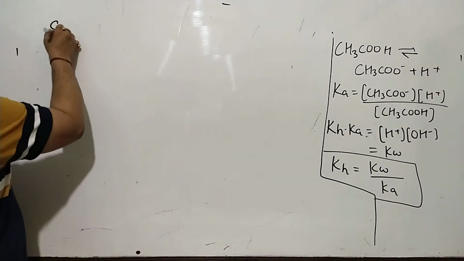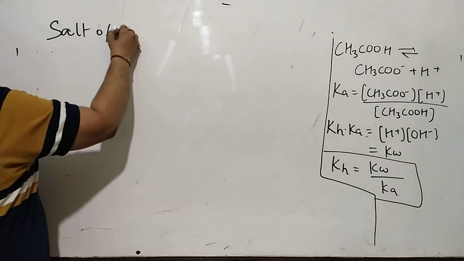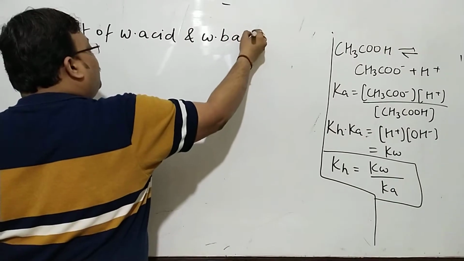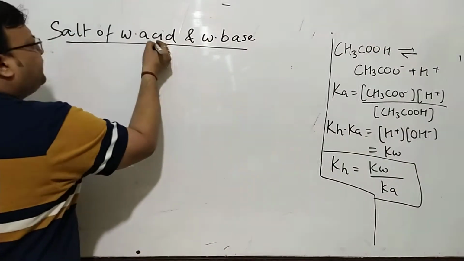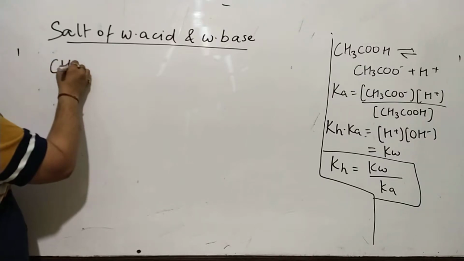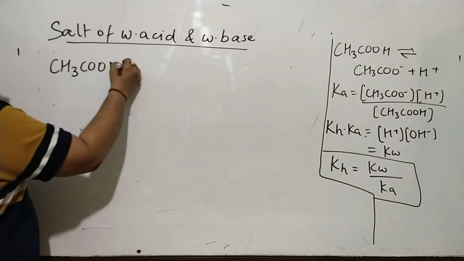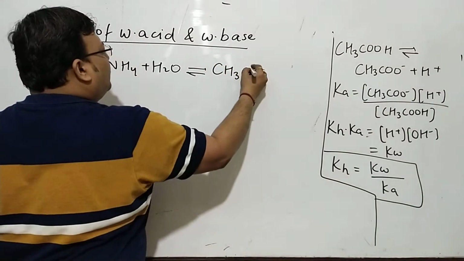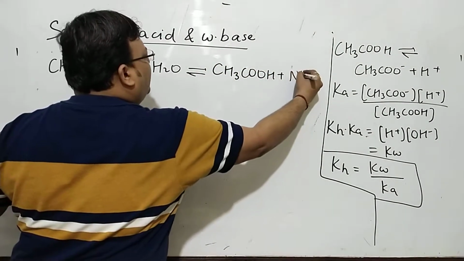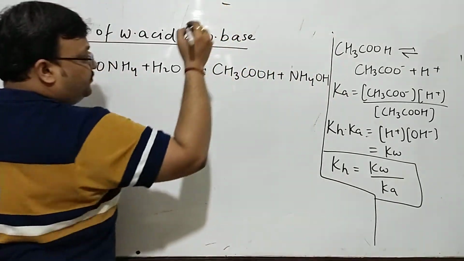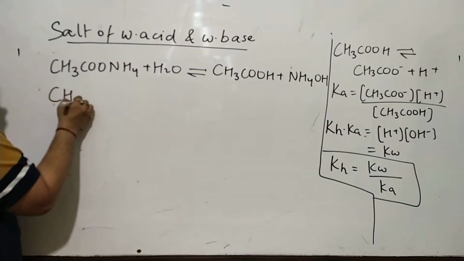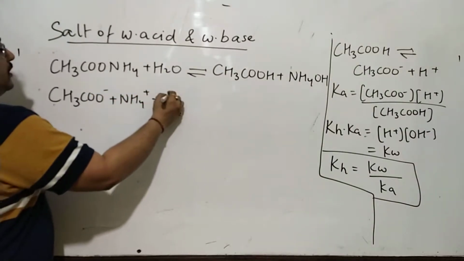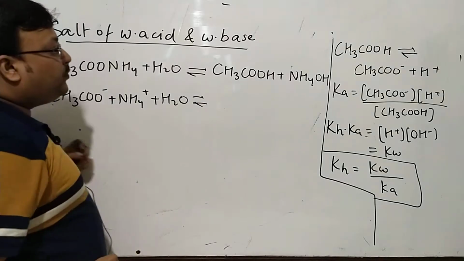So when it's a salt of weak acid and weak base, acetic acid, ammonium hydroxide, I'll think about ammonium acetate with water giving me acetic acid plus ammonium hydroxide. For a change, only this will break. Only the salt could be broken. In the anionic form, only the salt could be broken.